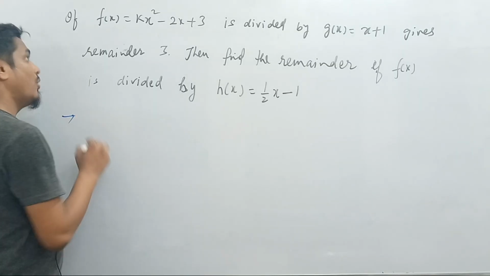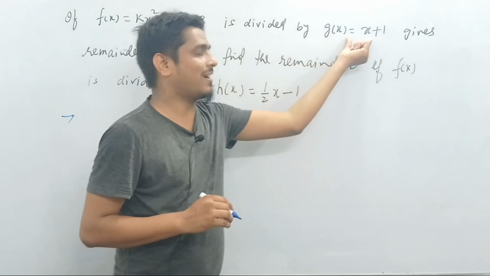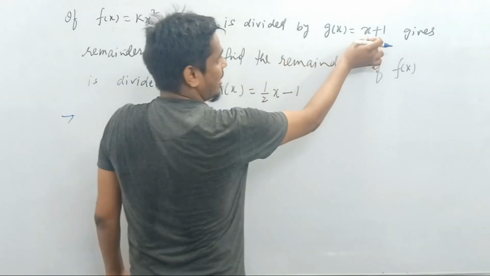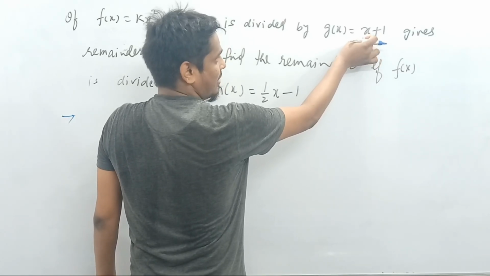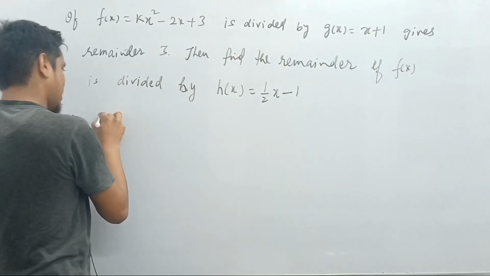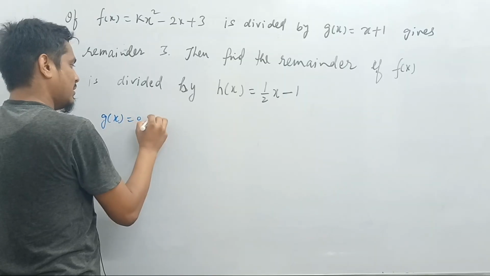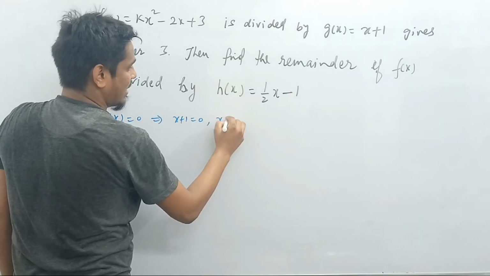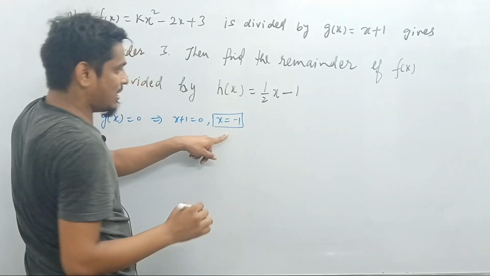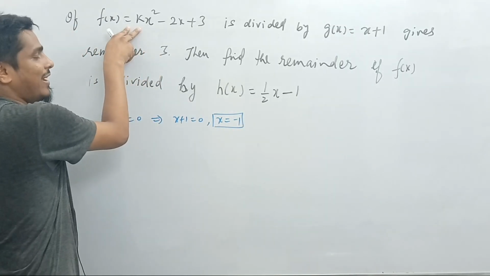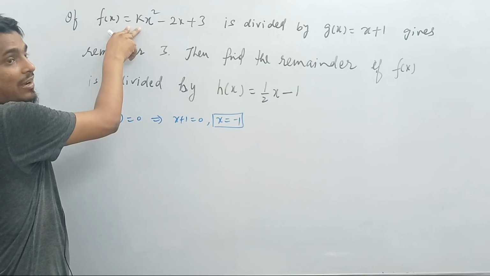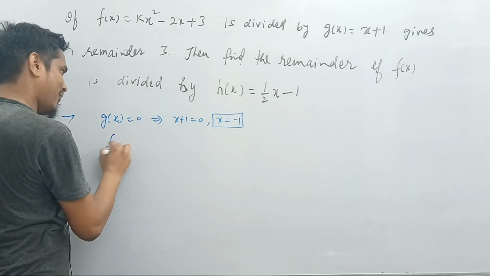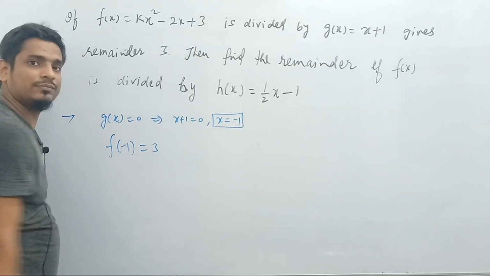When f(x) is divided by this linear factor, the remainder is found by setting g(x) equal to 0, so x plus 1 is equal to 0, which means x is equal to negative 1. Substituting x equal to negative 1 in f(x) gives the remainder, which is already given as 3. So we can say that f(negative 1) is equal to 3.